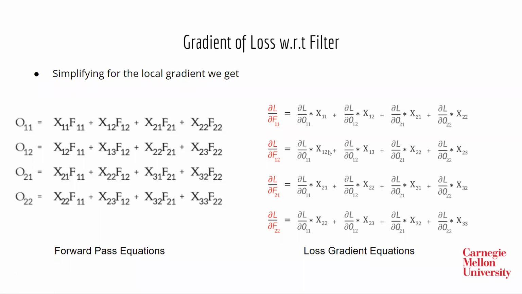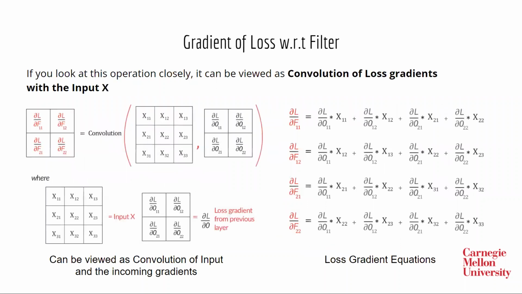On the right, you still see a linear combination of your output map, which is the gradient of loss with respect to output, and your inputs, the X. So the gradient of loss with respect to the filter, this particular operation on the right, can be viewed as a convolution between your input map and the loss gradient map that you had from the next layer.